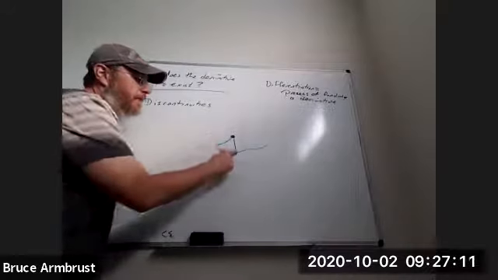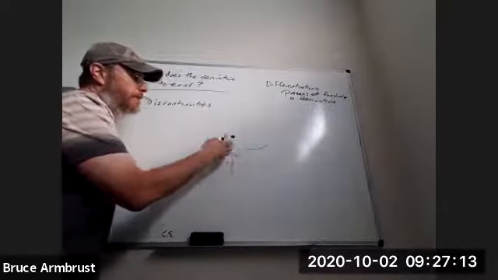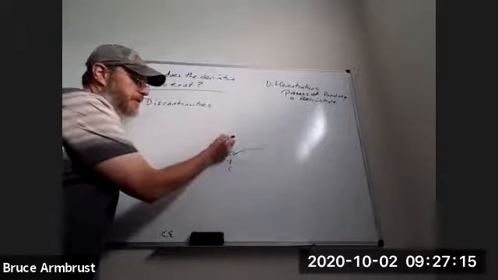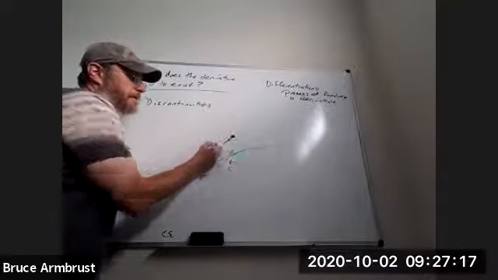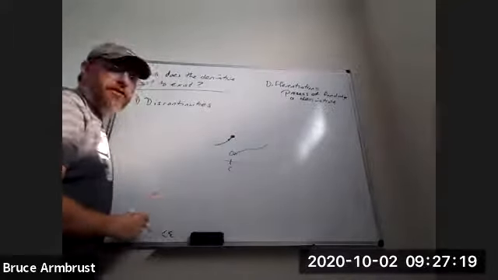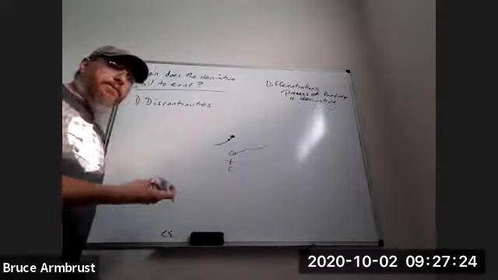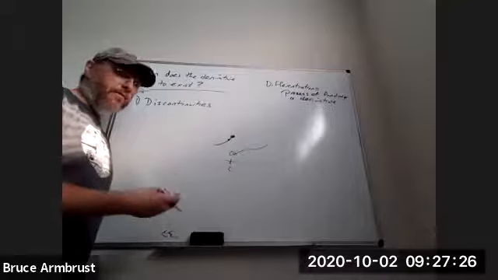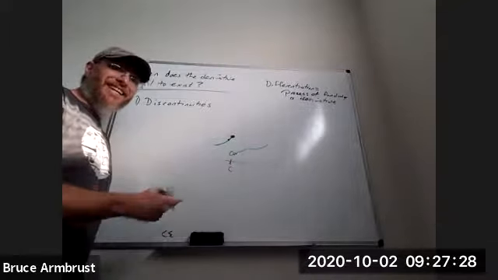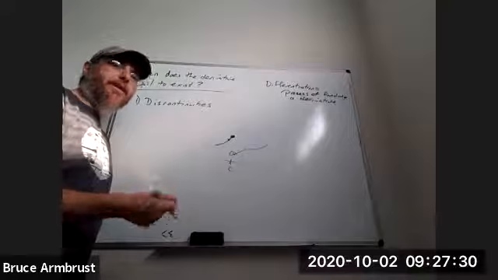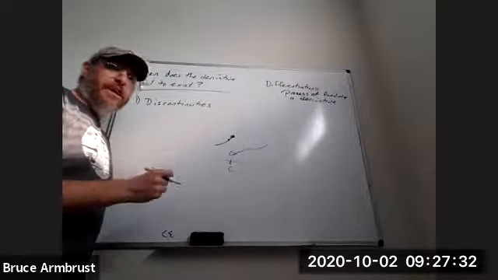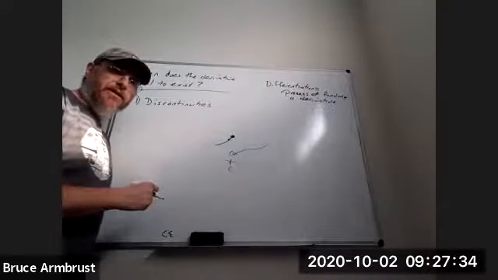Okay, but then you might go, well, what if we were approaching from the other side? Right? That's starting to look like a tangent line. And that's true. But the problem is for a derivative, we have to be doing this on both sides. It's kind of like a limit. Remember when we did the limits, it had to be both sides. We had to be approaching the same value.